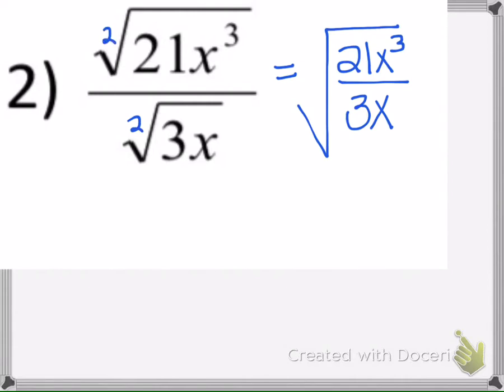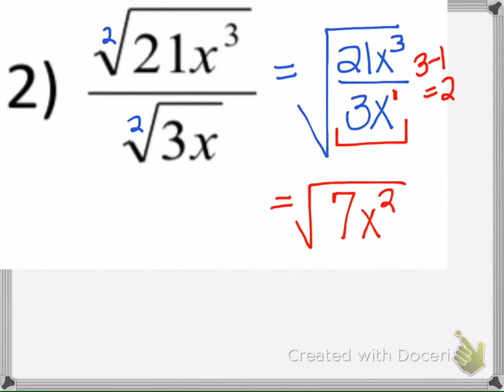So now I'm going to use a chapter that we've talked about before, where we simplify fractions. So 21 divided by 3 is 7, and then we subtract the exponents here, so 3 minus 1 is 2.